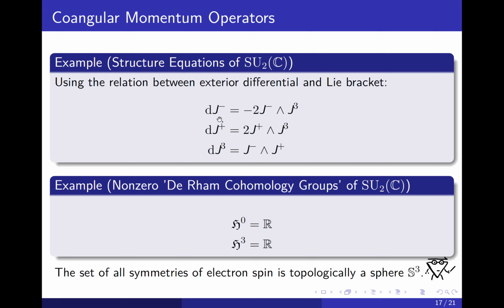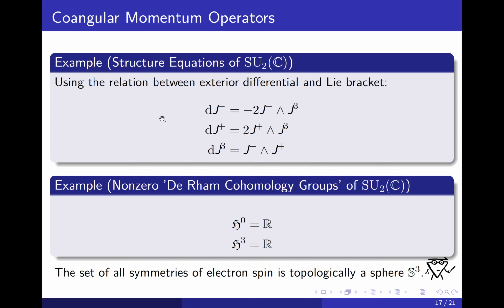For example, suppose that we are going to compute the exterior differential of J minus wedge J plus. This is a 2-covector field, and when you differentiate it, you expect that you need to do it on the first entry and on the second entry. But recall that there is a confusing part. If you differentiate on the first entry, then the sign is plus, there is no problem.